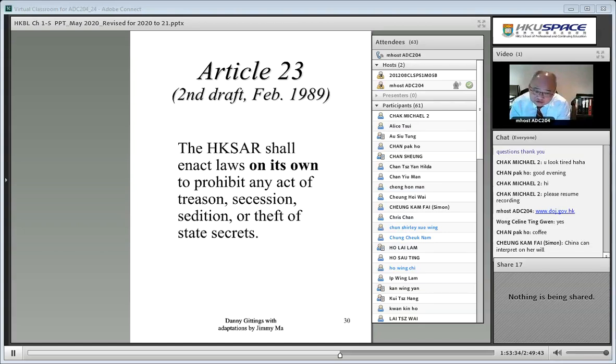This is much shorter than what we have today, but the key crimes, especially secession, which was something unknown to Hong Kong written law, Hong Kong ordinances, got enacted there. And just a matter of history, when we look back, it's drafted in very broad terms, quite different from the national security legislation both in mainland China and in other countries.